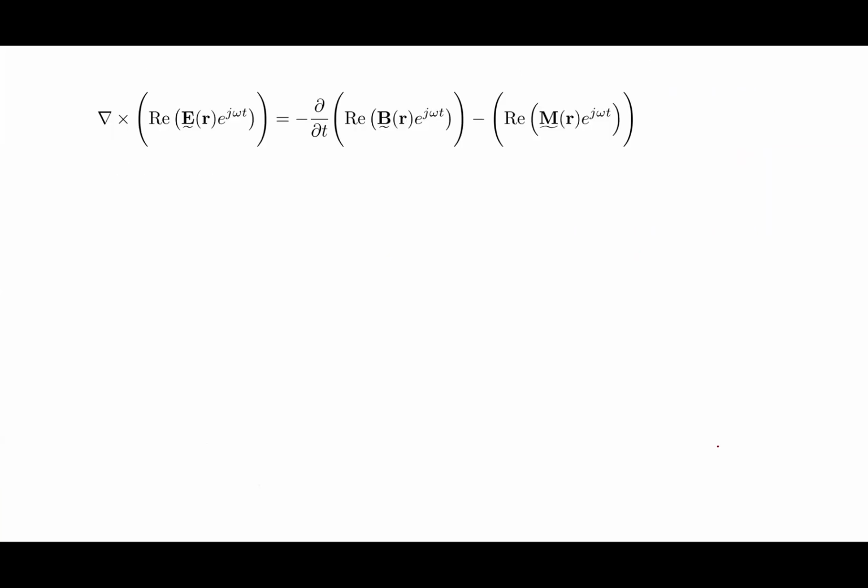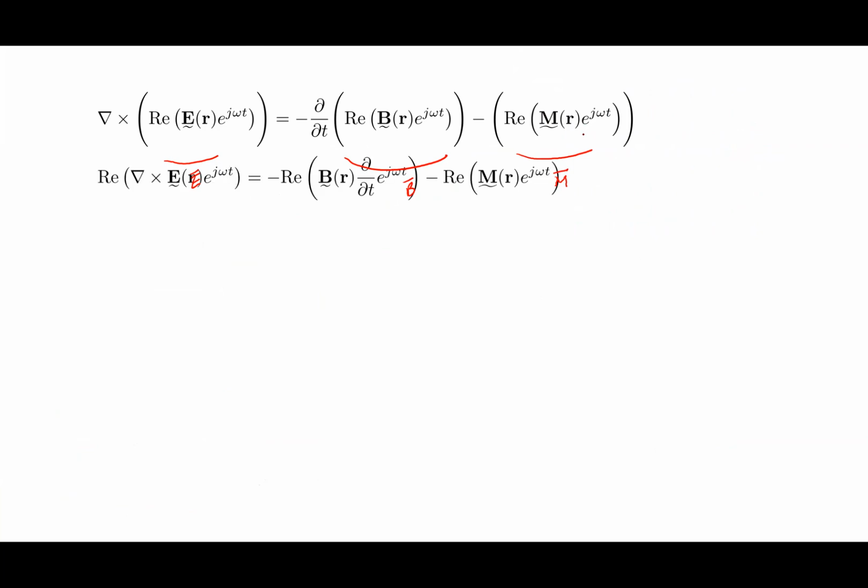Then this is the electric field again, this is the magnetic field, and this is the magnetic current. So it's just plugging the phasor form into the corresponding place.